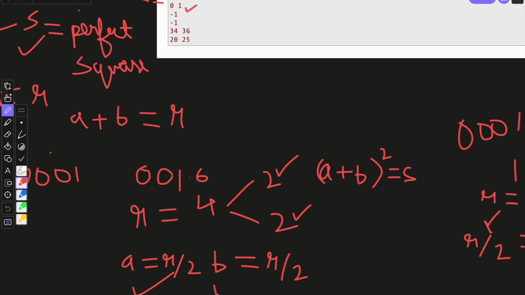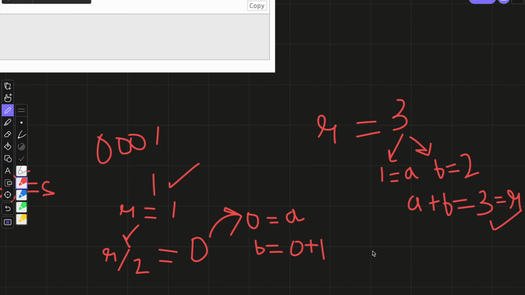So that's how we are going to get a and b for even square roots and odd square roots.